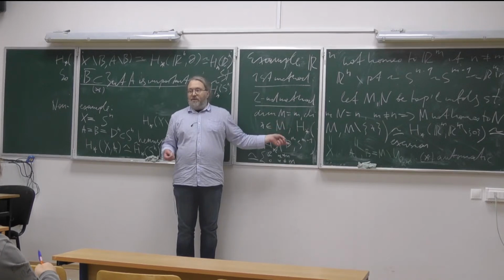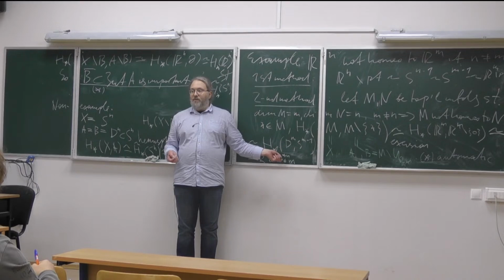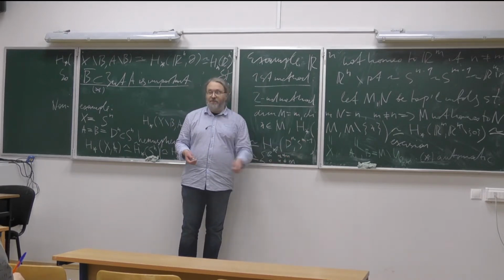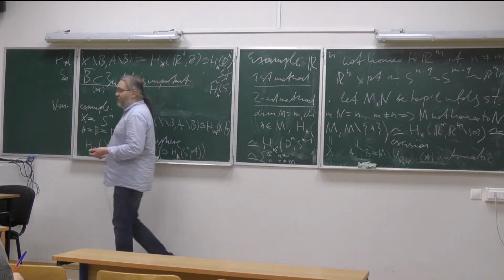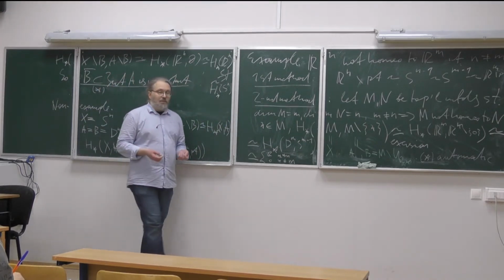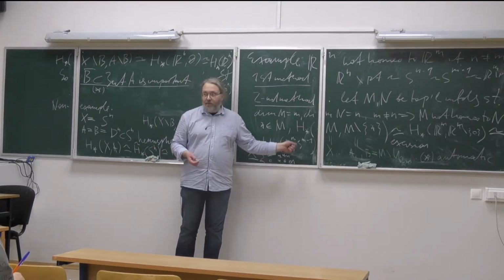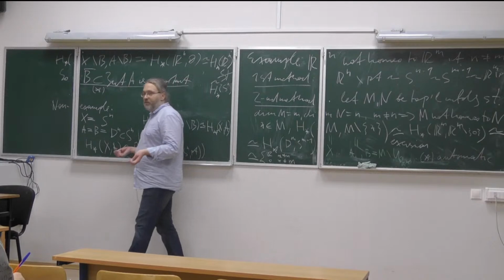Okay, does everyone agree with this? The relative homology of the disk mod the sphere is 0 in all degrees apart from m, and in degree m it's Z.